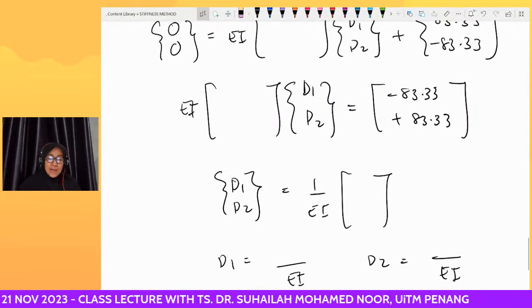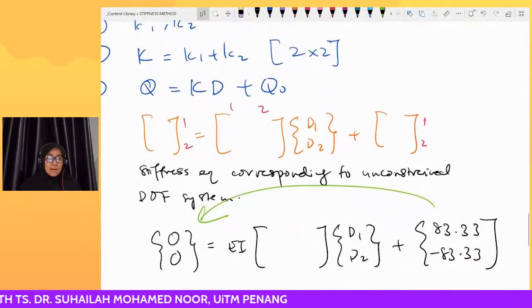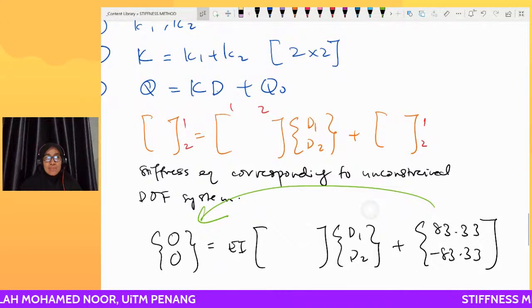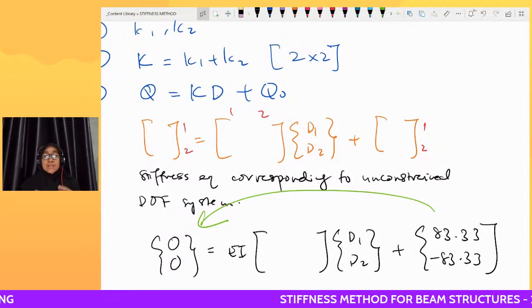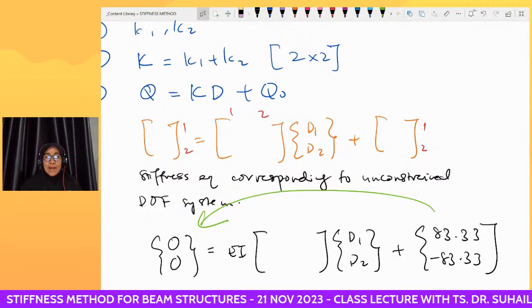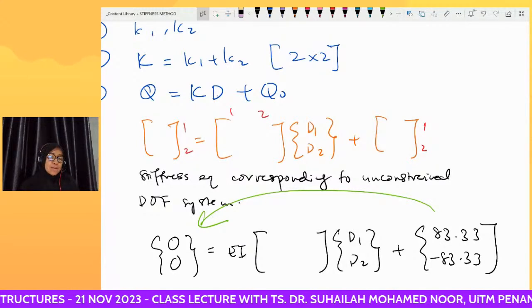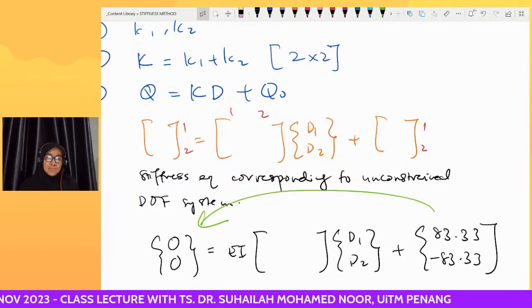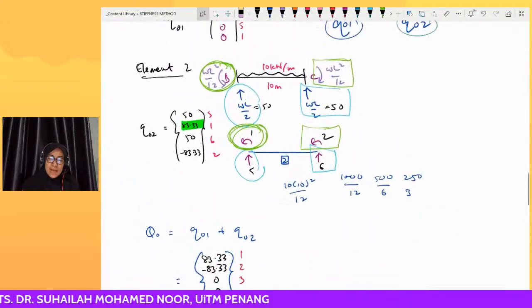Okay. So once you get this, you can continue to calculate reaction at the support, positions 3, 4, 5, 6, right? Same procedure as what we discussed in truss analysis. Whenever displacement has been determined, use the displacement back, we substitute back into the stiffness equation.